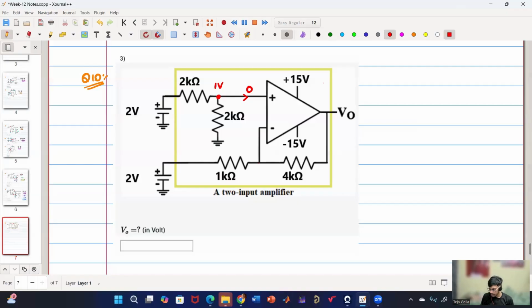Okay, so now what will be this voltage? Zero volt. Why? Parvatam also says 0 volt. Why is it 0 volt? And how is it 0 volt?